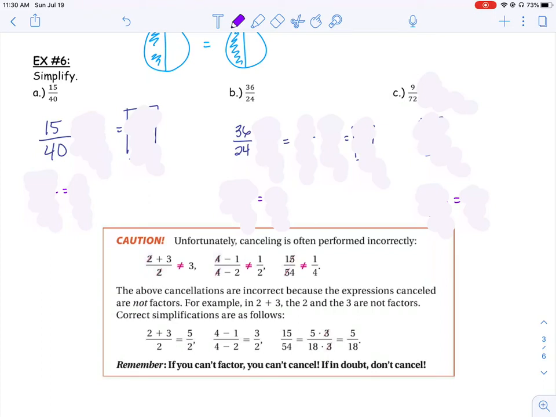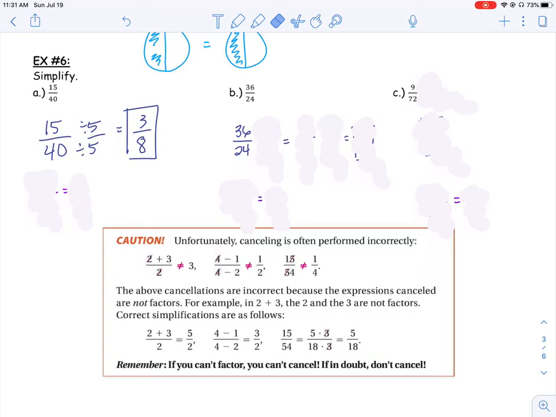Well, I noticed that 5 goes into 15 and 5 goes into 40. So can I divide both the numerator and denominator by 5, reducing it down? 5 divided into 15 is 3, and 5 divided into 40 is 8. 3/8 has no other common factors, 3 and 8, so that would be my final answer. 15/40 is the same thing as 3/8.